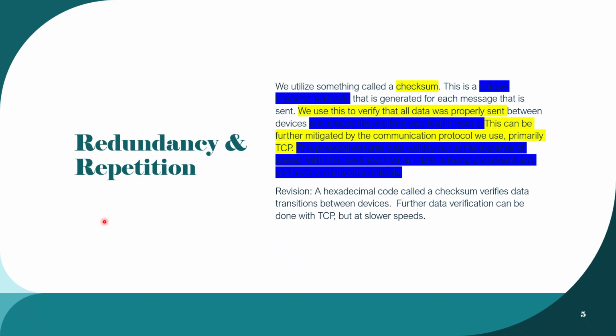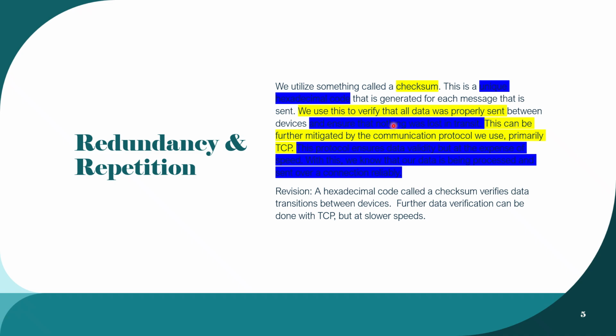Then on to the final toolkit that taught me how to make my writing more cohesive, the redundancy and repetition toolkit, which taught me how to remove repetitive ideas to again cut back on a paragraph to make it more cohesive and flow better. And we can see an example here. The yellow is the first instance of the information and the blue is the second, or repetitive, information. So we have checksum, unique hexadecimal code, that can just be in one sentence.